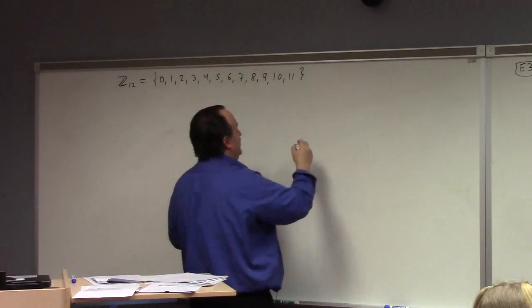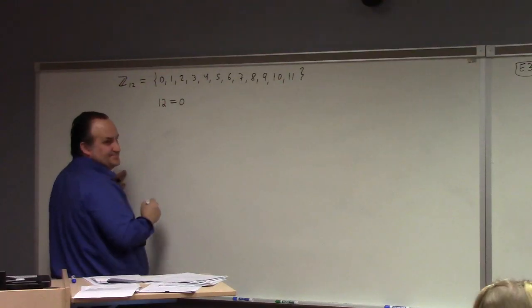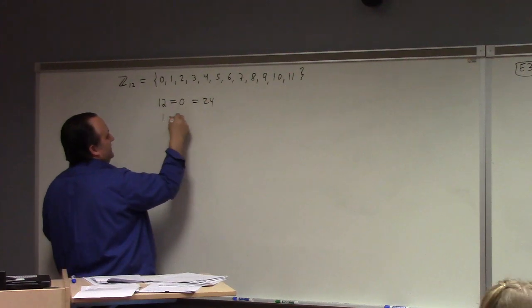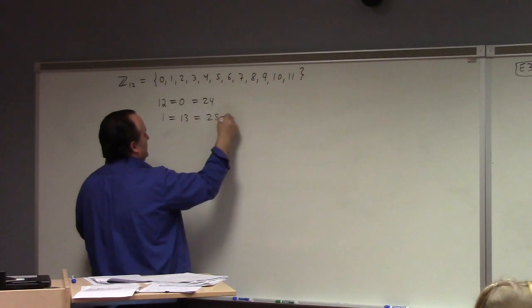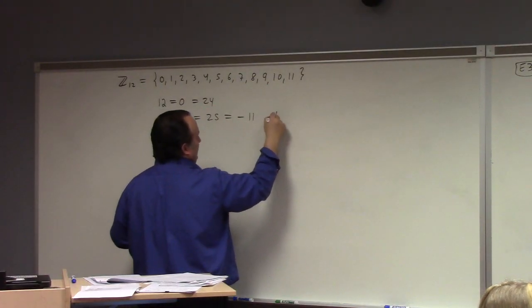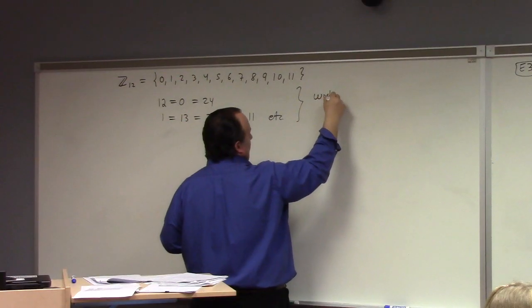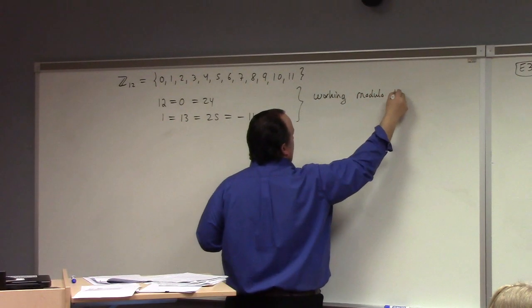And we write things like 12 is equal to 0, is equal to 24. 1 is equal to 13, is equal to 25, is equal to minus 11, etc. So at the start of this, I say I'm working modulo 12, right?